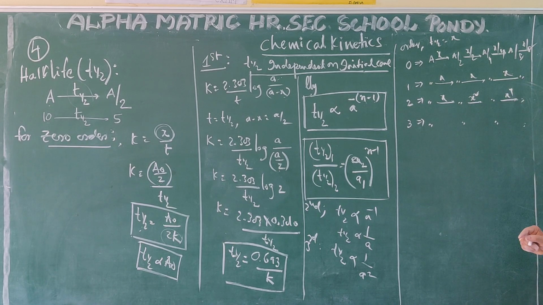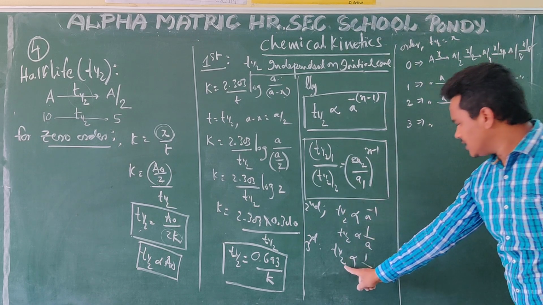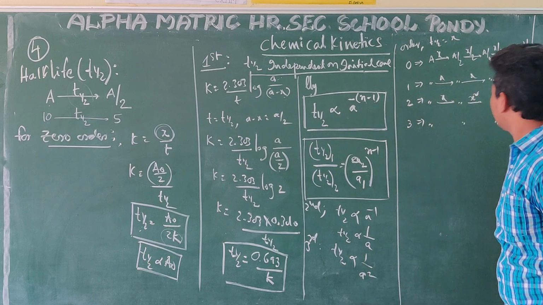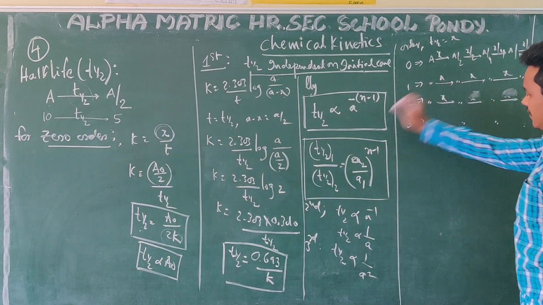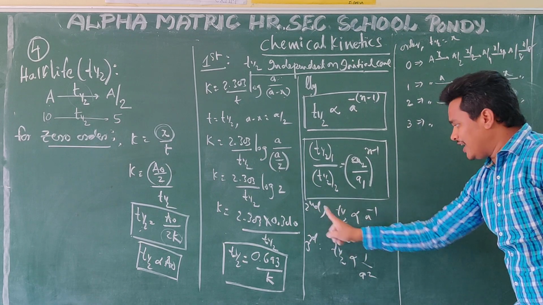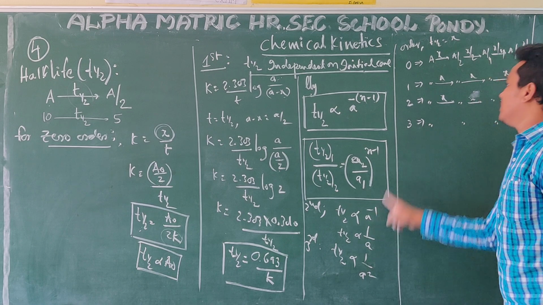Like that it goes. Wait, what is that? For a second order reaction, T half is inversely proportional to initial concentration.